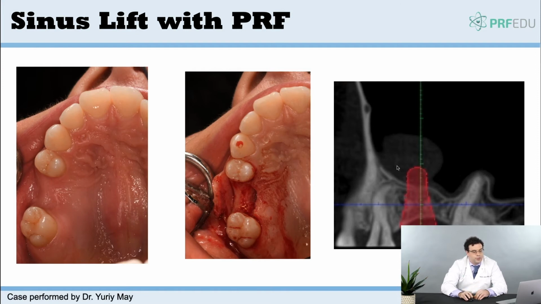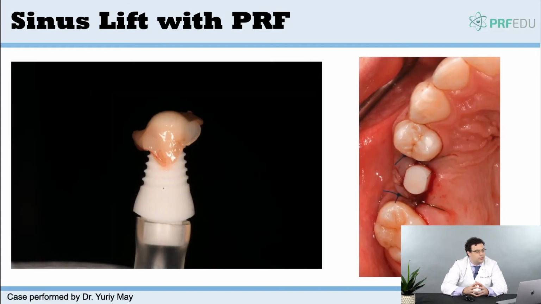Now, when it comes to these small little bumps via the crestal approach, this is a nice little case where, if you need a few millimeters, sometimes you can utilize platelet-rich fibrin. This case was performed by Dr. Yuri May, and he's more of a holistic dentist, so he does more natural things, and you can see the ceramic implant here. And of course, in that field, PRF is being utilized more and more frequently.